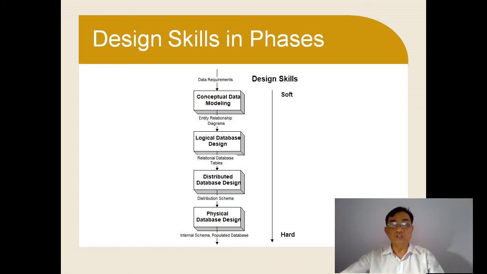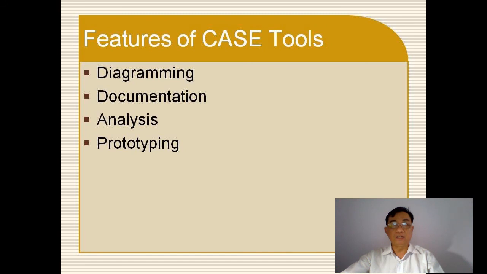Now I go to the features of CASE tools. I discussed with you about diagramming, documentation, analysis, and prototyping. In diagramming, we have the basic function of any CASE tool, and it has a lot of predefined shapes and behavior in the CASE tool for data modeling.